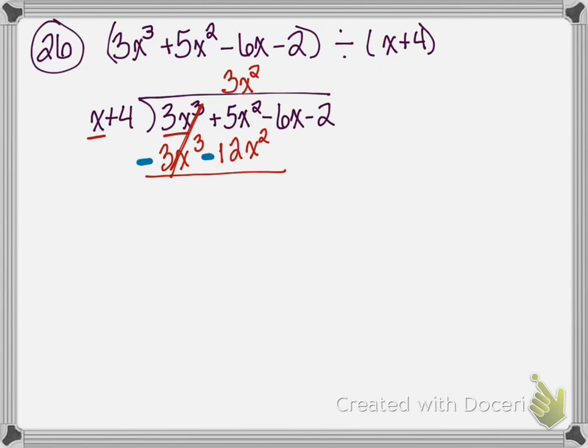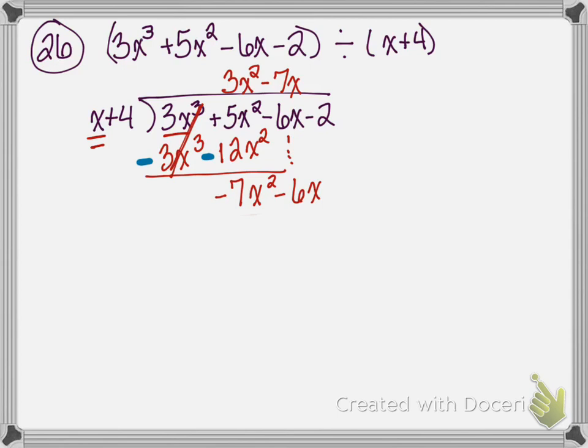Okay? 5x squared minus 12x squared is negative 7x squared. And my next step is to bring down that negative 6x. Okay? So now we say x times what gives me negative 7x squared? X times what gives me negative 7x squared? Good, negative 7x. That's exactly right.